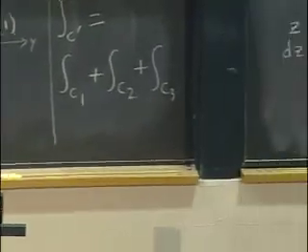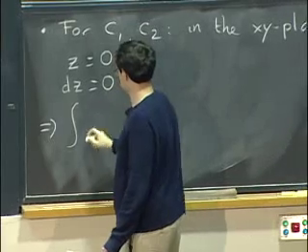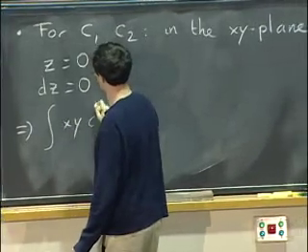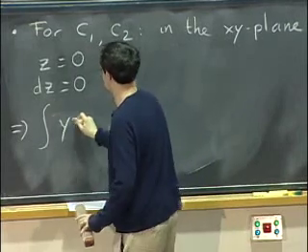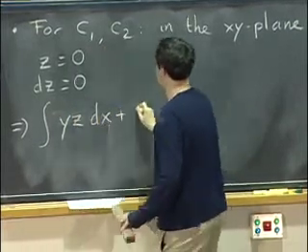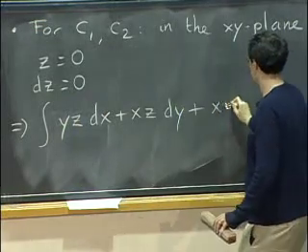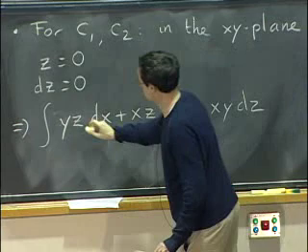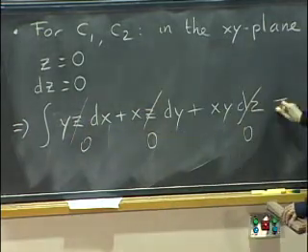So these are actually very fast. Right, so this is going to be 0, this is going to be 0, and we'll get 0.